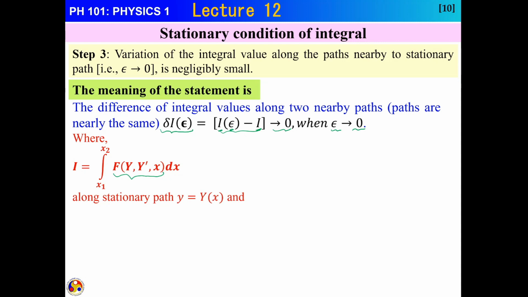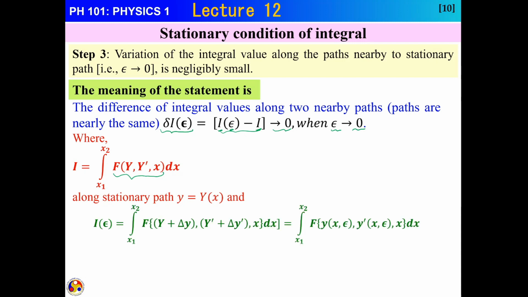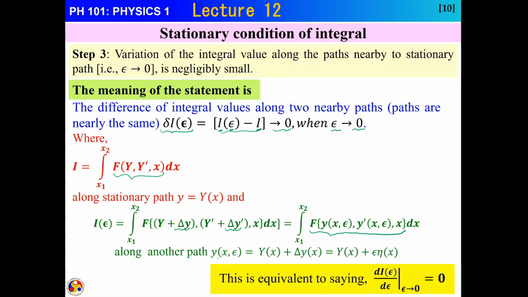Now, if I consider another closest path, I of psi, then this psi will add a delta y in y and delta y prime in y prime, such that I am going to get a new function which is not only x, it will also have the psi dependence. So this is another path given by the form y(x, psi) is equal to y(x) plus delta y, and this delta y is given in the form of psi eta of x.